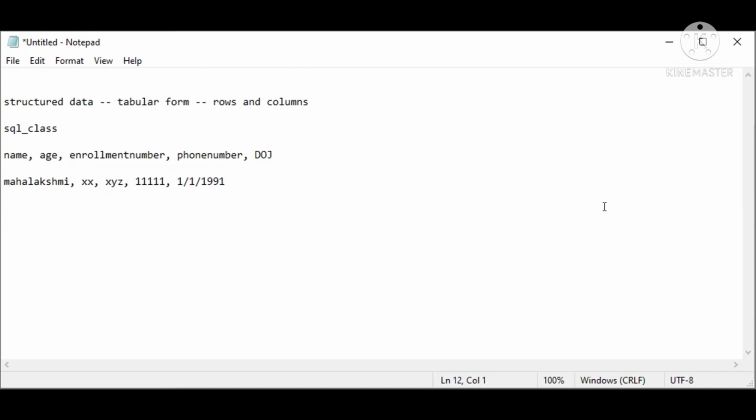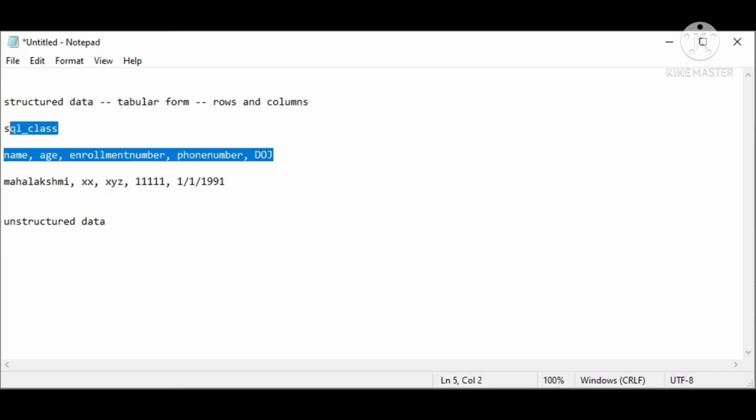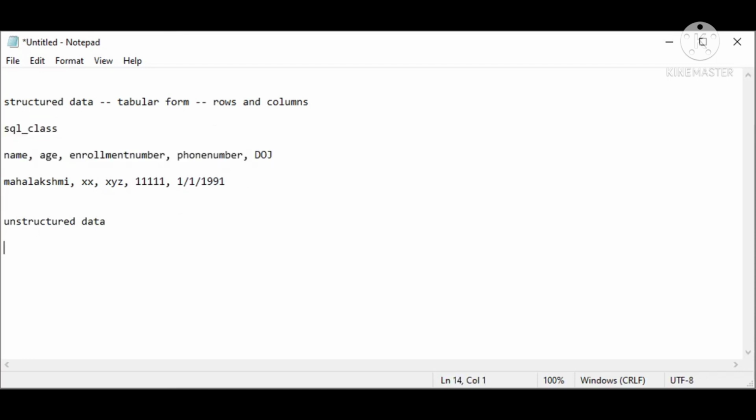Now, there is one more type of data which we call unstructured data. So what happens in unstructured data? Let's suppose we still have to store this information, right? But in unstructured data, it will not be in the form of rows and columns.